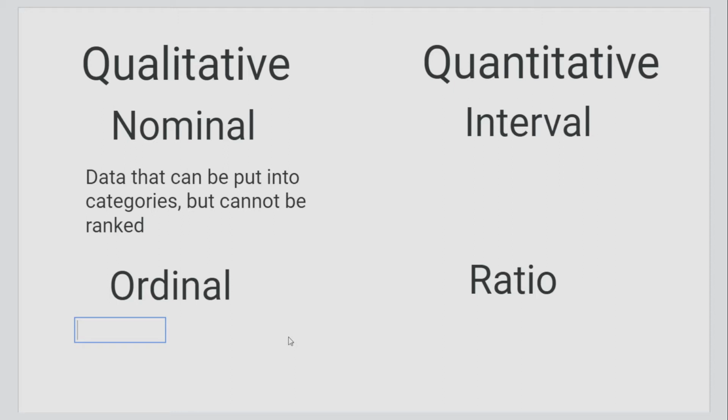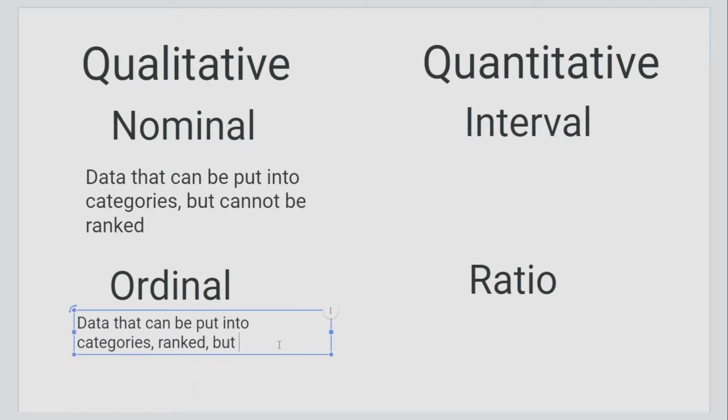Ordinal can be put into categories, can be ranked. Data that can be put into categories, ranked, but the difference between ranks is insignificant.